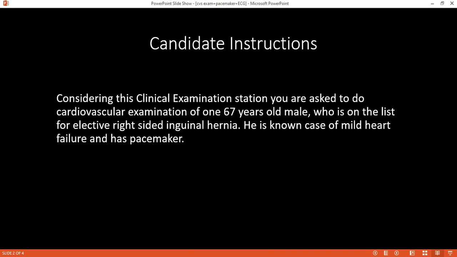All right. Thank you. And can you quickly tell me what are the areas you'll auscultate for the heart? Yes, for all the four chambers.